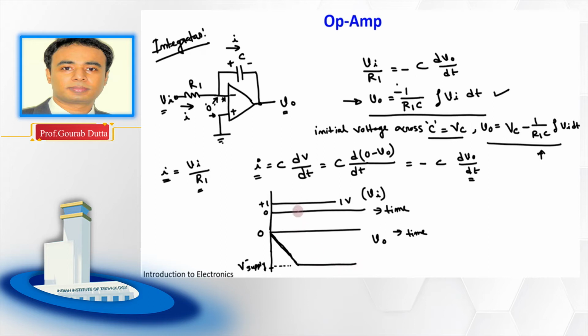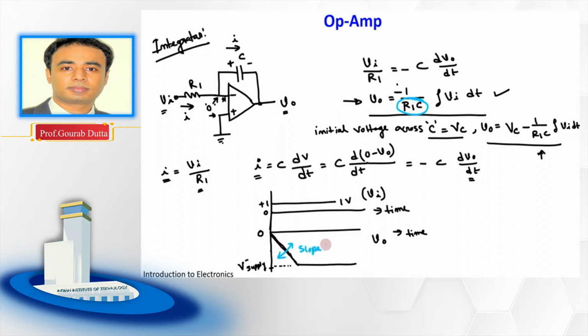Okay. And here, I think you have already noticed that this slope, the rising or linear part, is dependent on this factor R1 into C, right? Now, if you change this factor, then this slope changes.